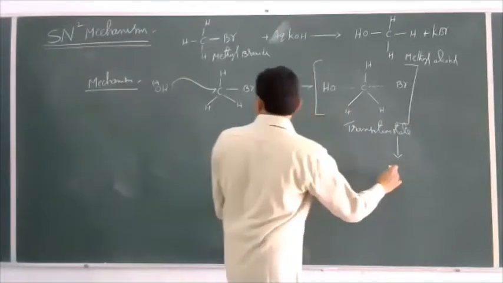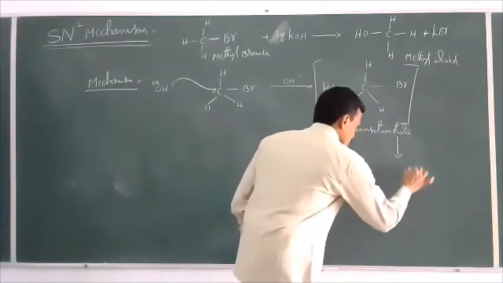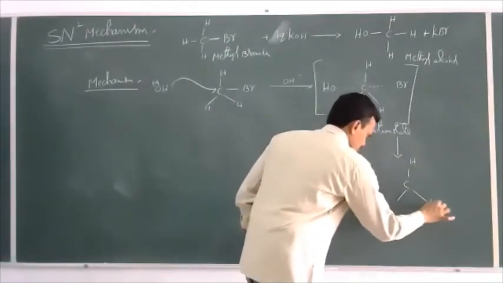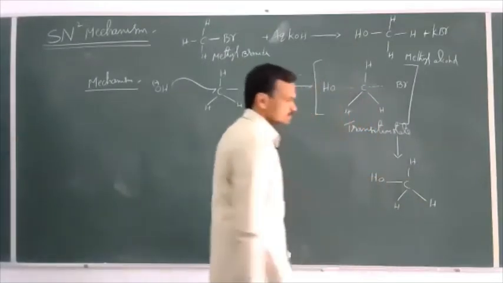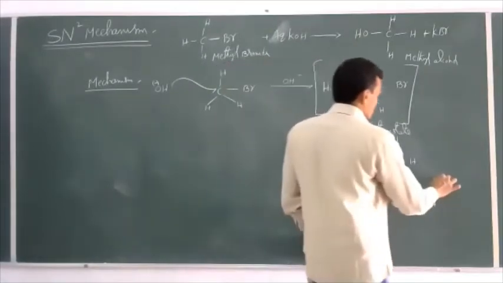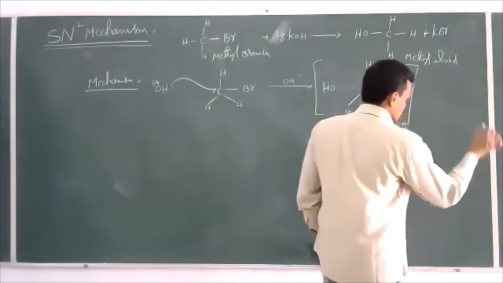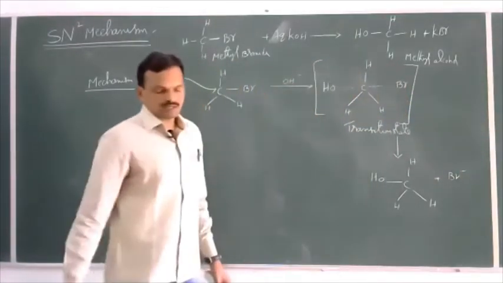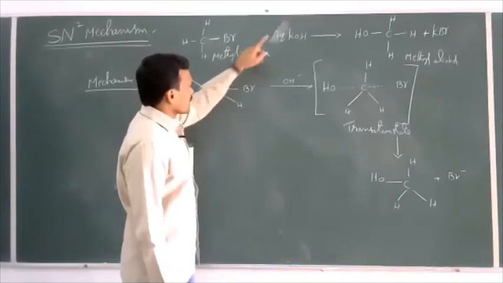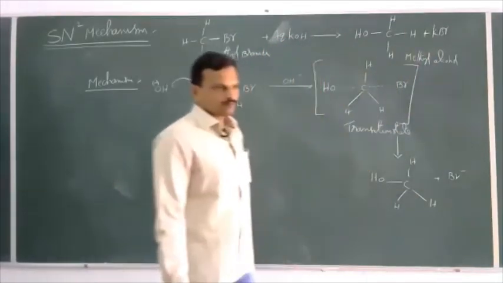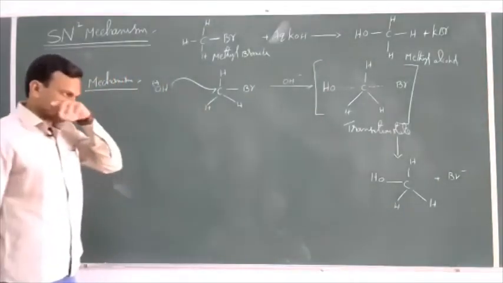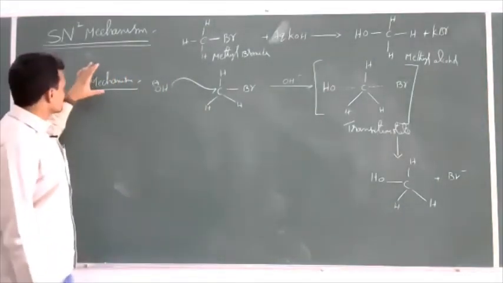Then the molecule becomes CH3OH plus Br minus. The Br minus that separated and the remaining K plus of KOH combine to form KBr. So this is the reaction. This is the mechanism for the SN2 reaction.